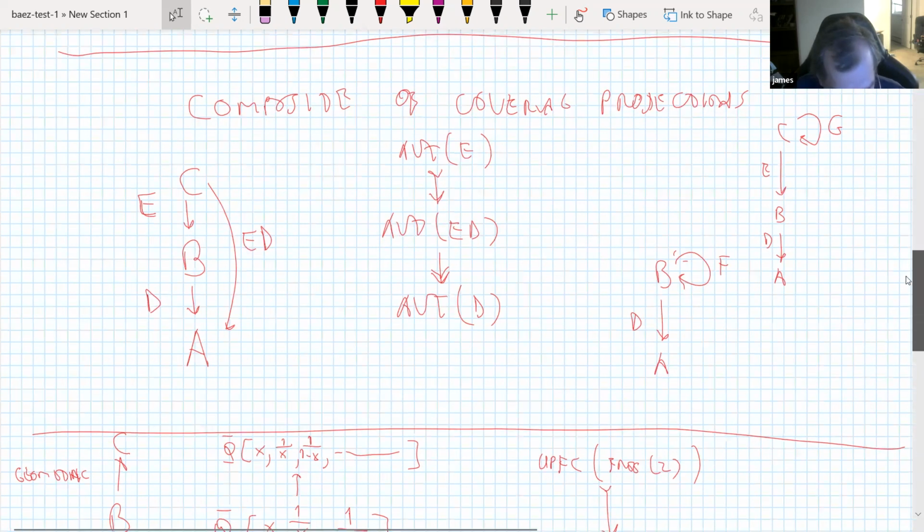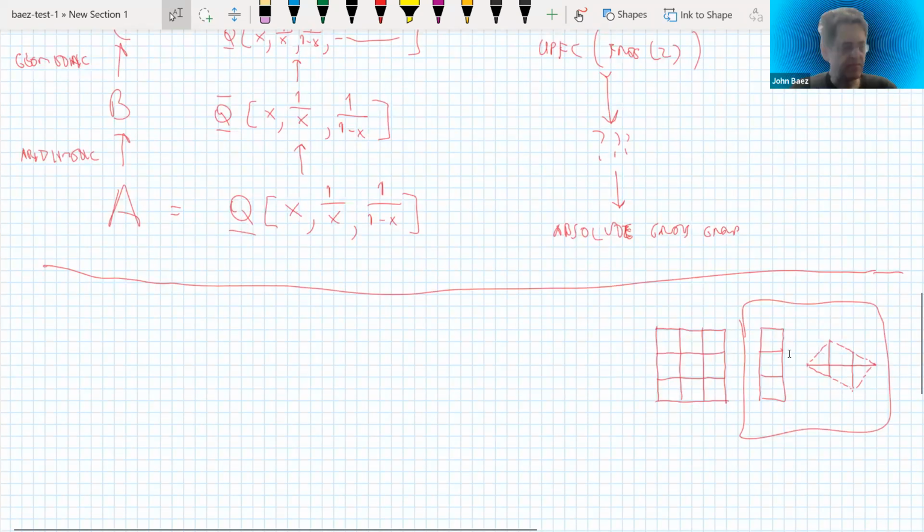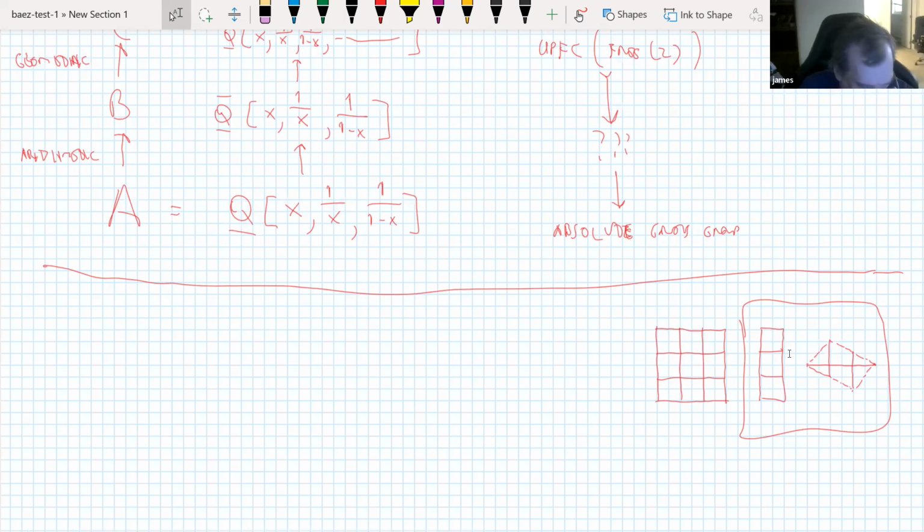But with my particular example here, I want to connect this to a much smaller short exact sequence, which may show us what's going on here. So what am I trying to say here?